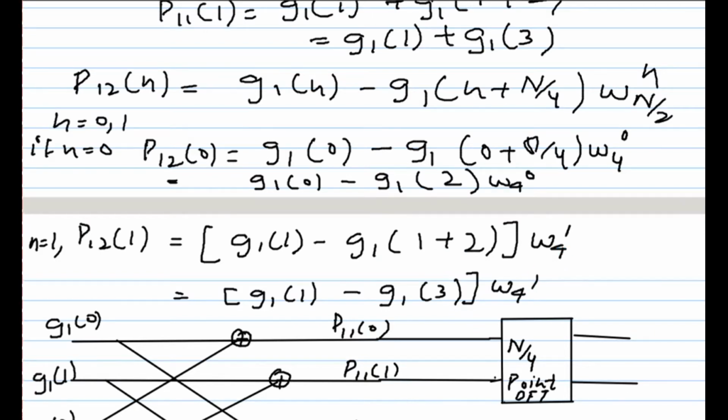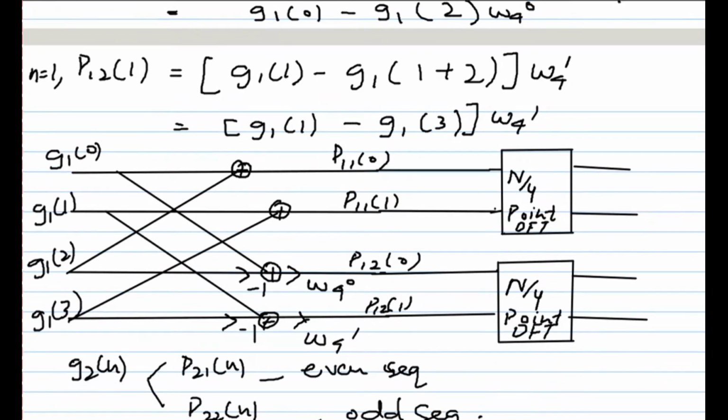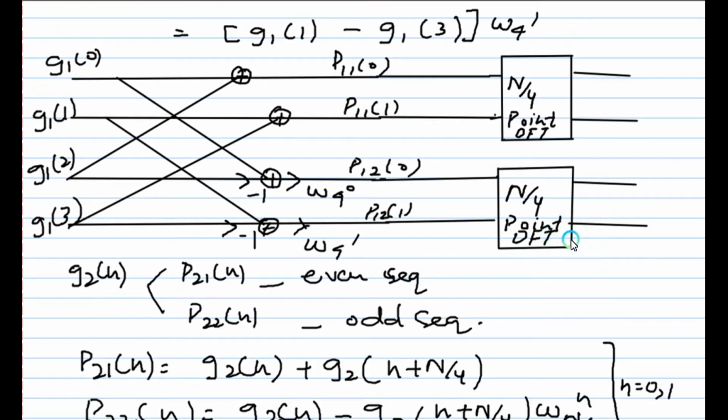The butterfly diagram for this is something like this. Here, p11 of 0 will be equivalent to g1 of 0 plus g1 of 2, so a summation sign here. p11 of 1 will be equivalent to g1 of 1 plus g1 of 3. Similarly, p12 of 0 is an odd sequence, so we have a multiplication by the twiddle factor and a minus sign: g1 of 0 minus g1 of 2, multiplied by W4 to the 0.